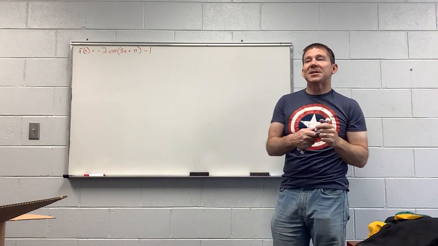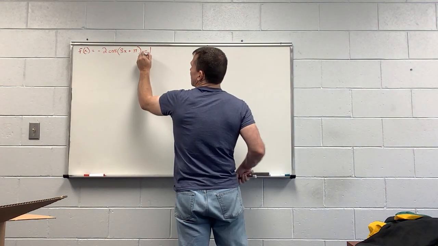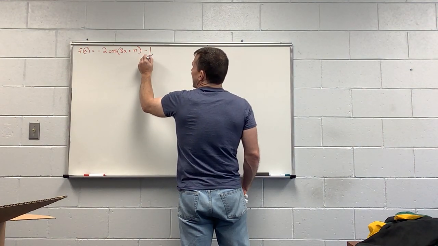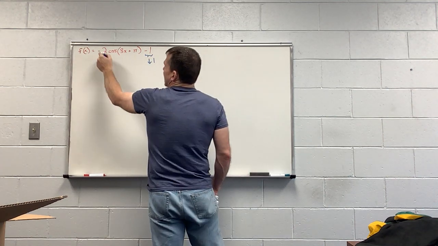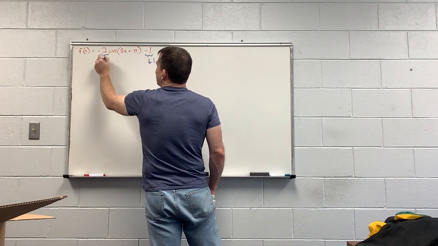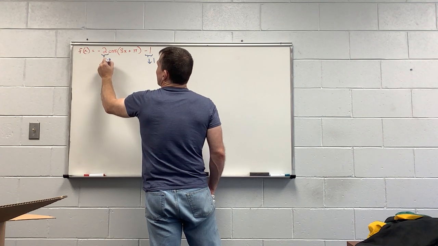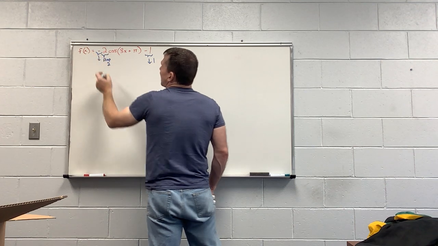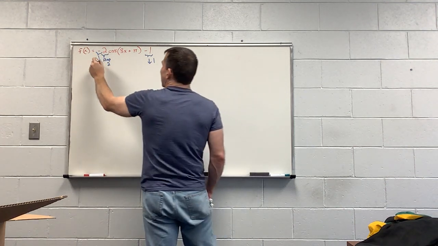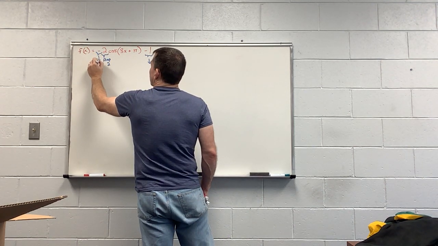So we do the same thing as before, find all of my transformations. The -1 out here will shift me vertically, so I go down 1. The 2 out here will be my amplitude, so I have an amplitude of 2. We keep in mind if there's a negative on the outside, that's going to reflect across the x-axis.